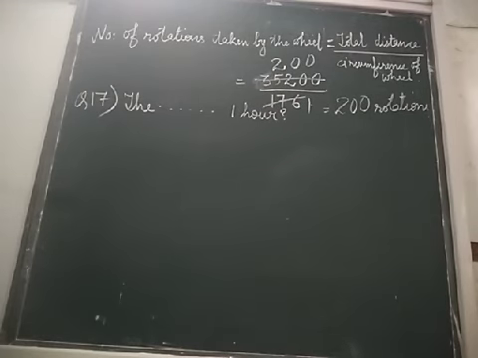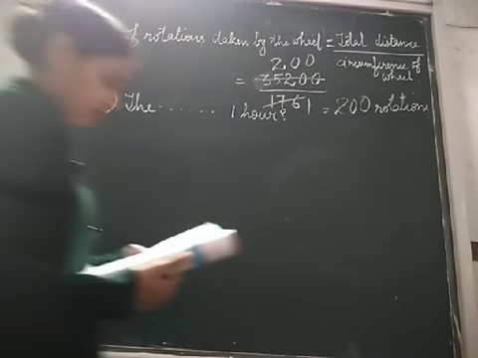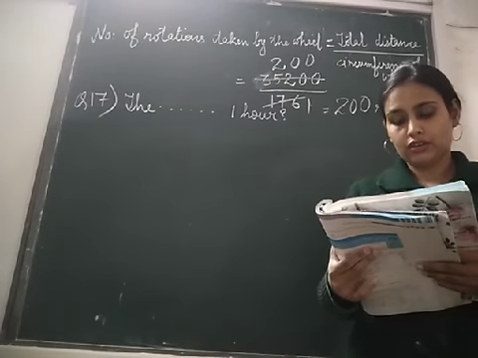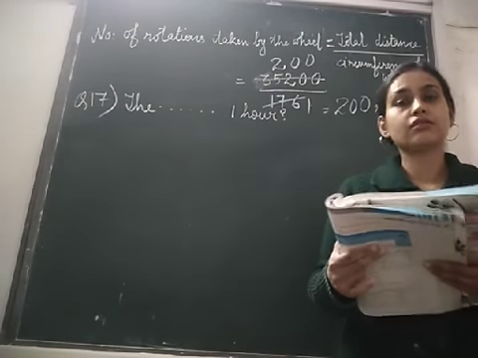Now, listen to the question, children. The minute hand of a circular clock is 15 centimeters long.